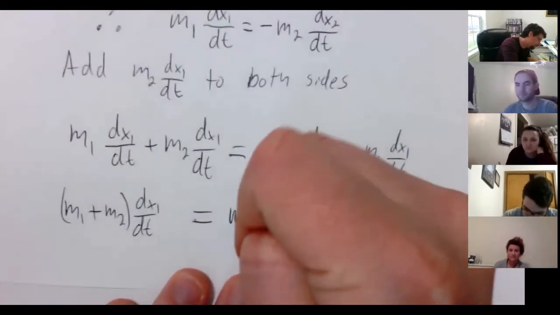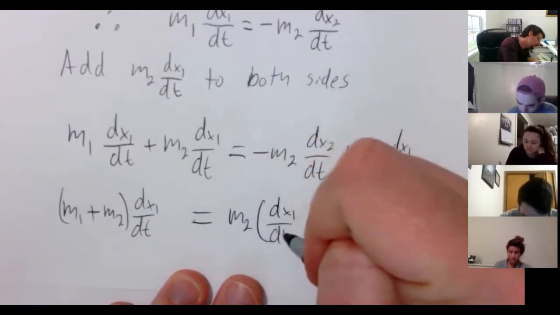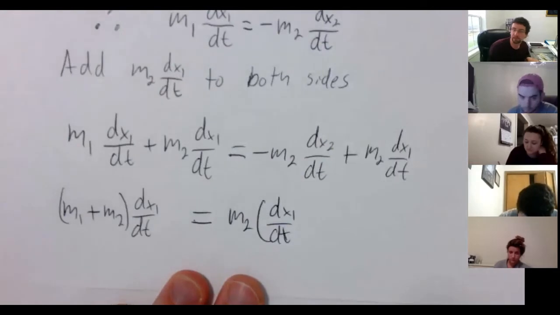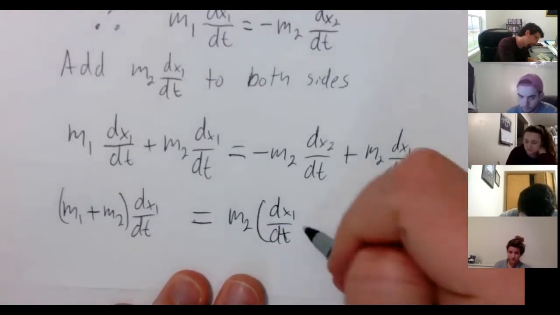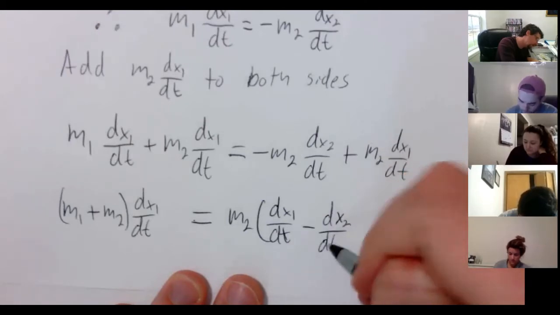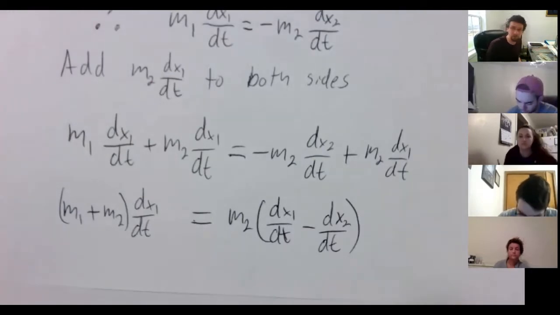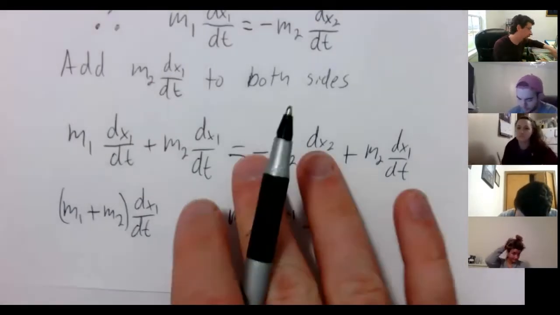So let's take out m2. Get dx sub 1 dt. What else do we get? A negative. Yep, dx sub 2 dt. Okay. How does this help us? Well, we're going to rearrange this guy.